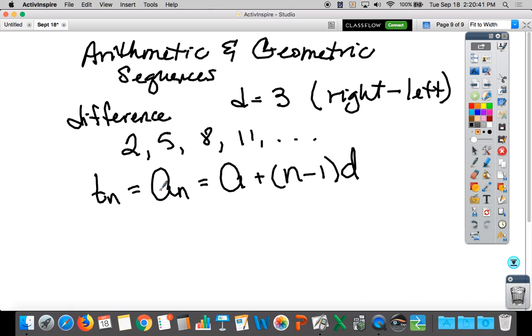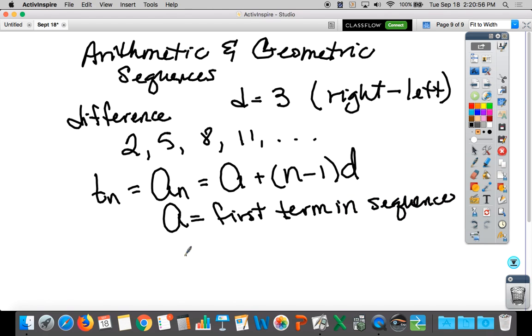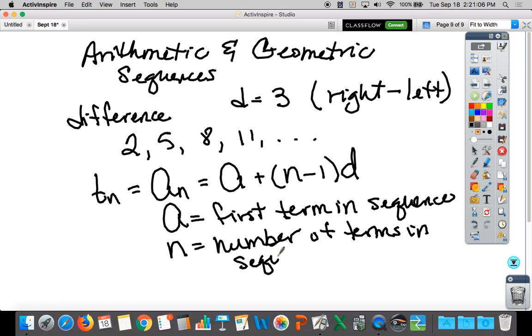We're going to mostly use A sub n. Now, let me define this for you, and you want to write these down. A is the first term in the sequence. N is the number of terms in the sequence. And D is the common difference.